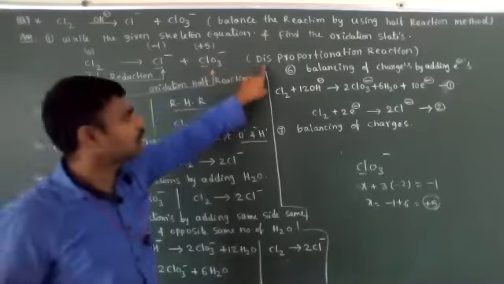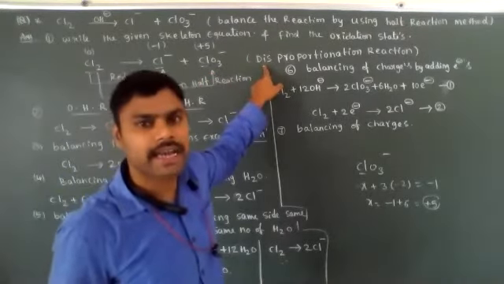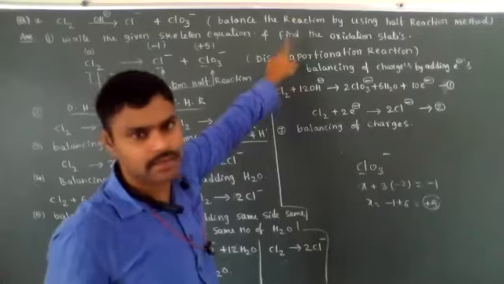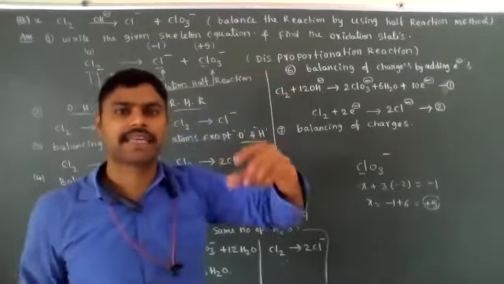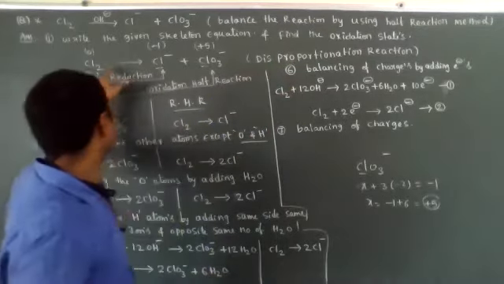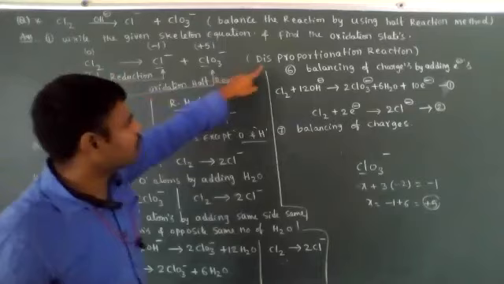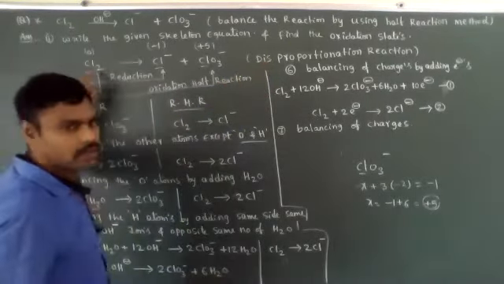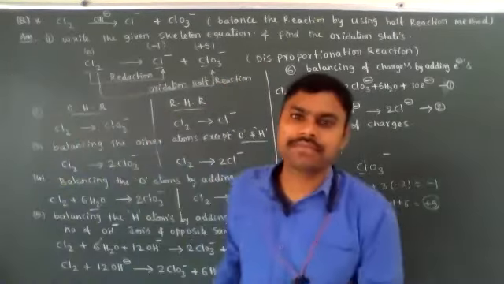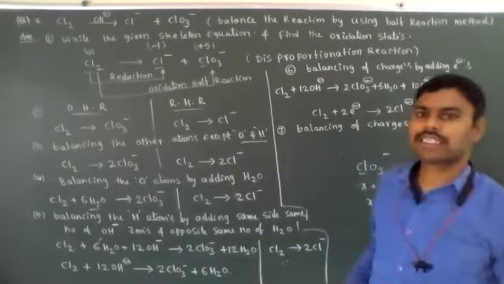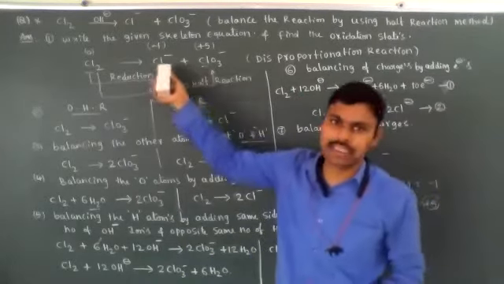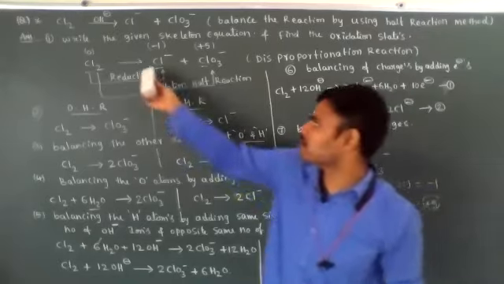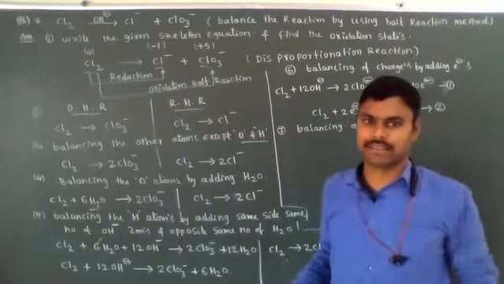That's why it is called a disproportionation redox reaction or disproportionation reaction. Actually this need not be written for this question, but just to give an idea, this equation is also called a disproportionation reaction.